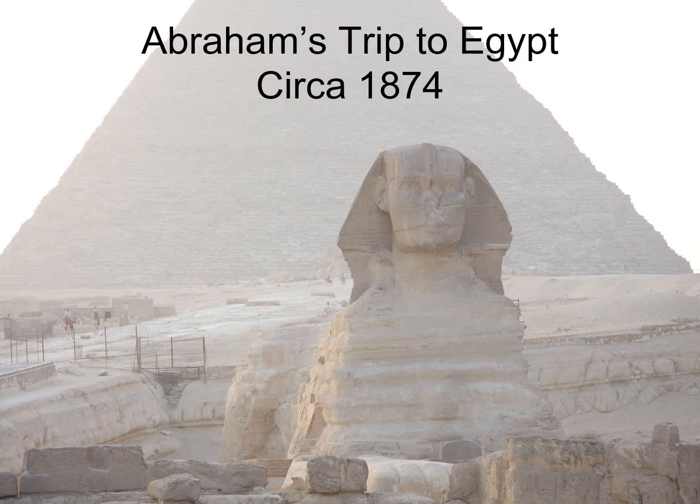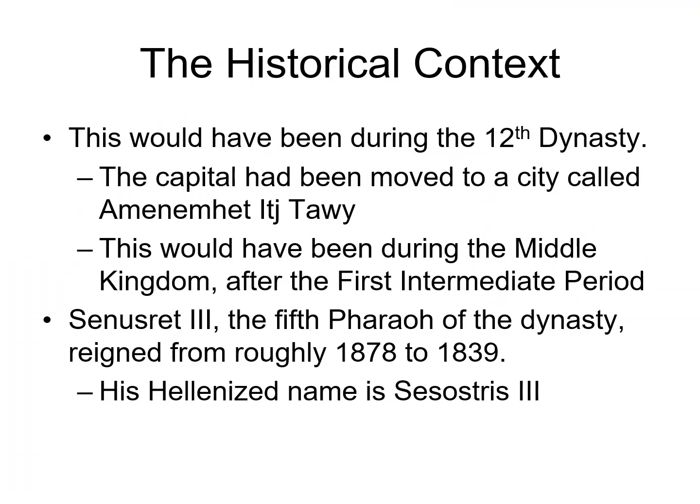So now let's talk about Egypt when Abraham visited there in Genesis chapter 12. The dynasty that seems to be the best fit for Abraham's visit would have been the 12th dynasty around 1874. During this time, Pharaoh Senuseret III was the pharaoh.